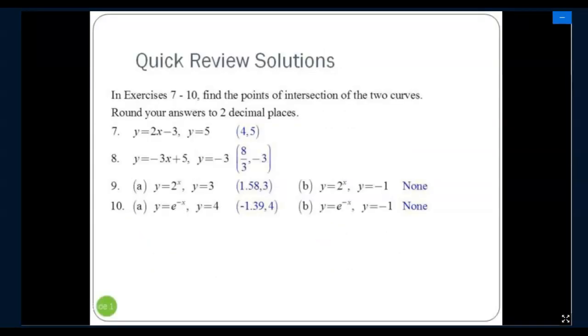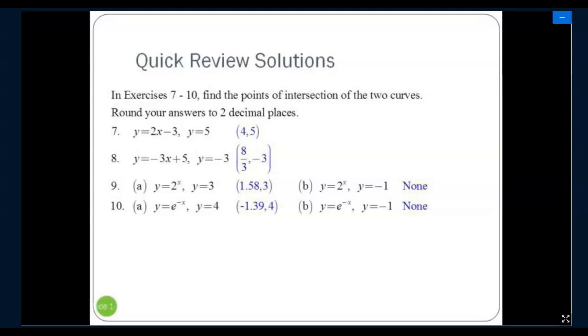Okay, in 7 to 10, you are looking for points of intersection. So in 9 and 10, you would need to put those on a graphing calculator. But 7 and 8, you should be capable of finding your points of intersection algebraically. So this is kind of like using substitution.